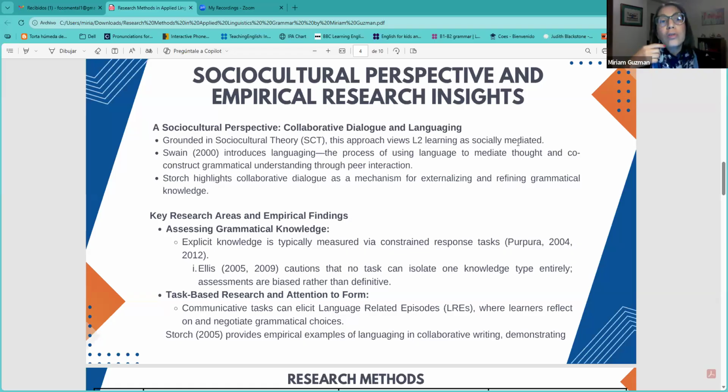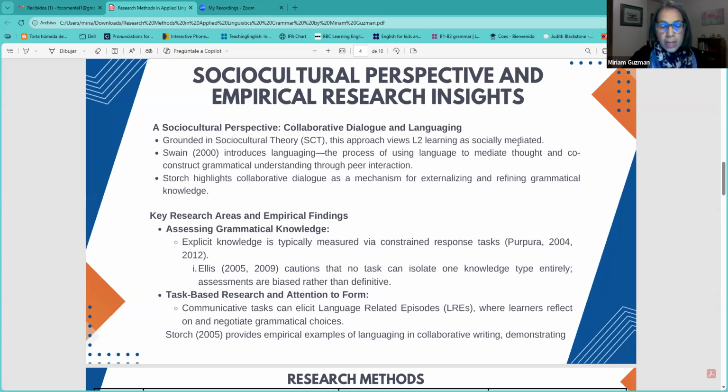Moreover, Swain in 2000 introduced languaging, the process of using language to mediate thought and construct grammatical understanding through peer interaction. For example, Storch highlights collaborative dialogue as a mechanism for externalizing and refining grammatical knowledge.